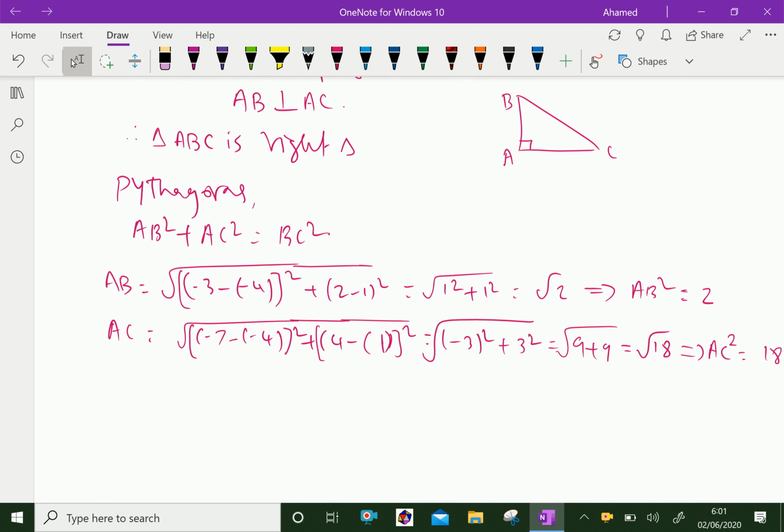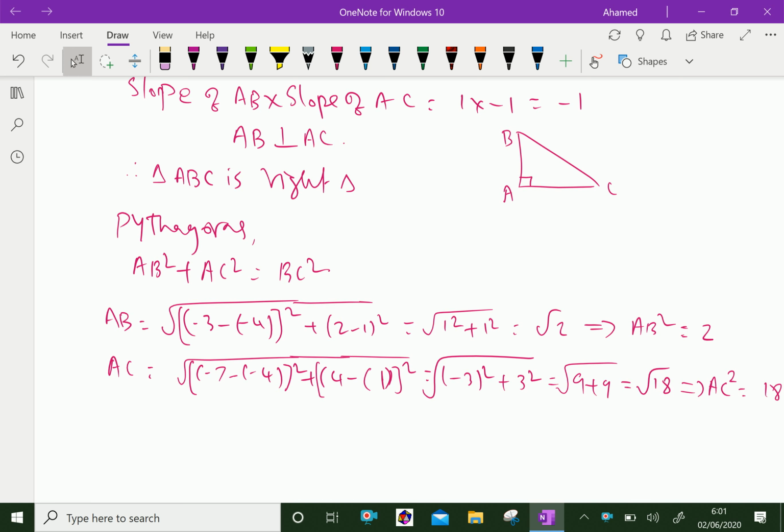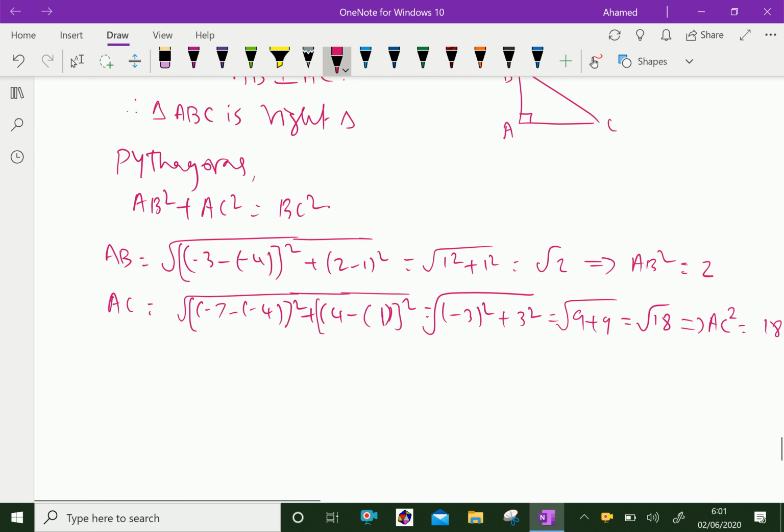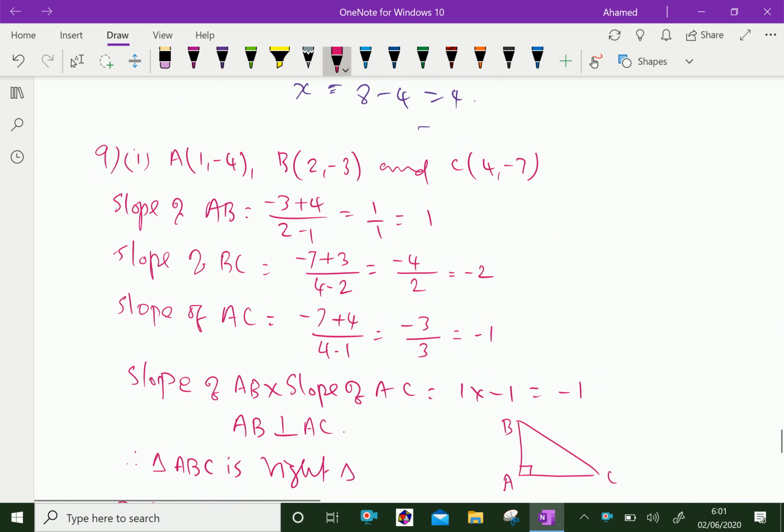Then next is BC. Look at BC here. The point B is here and C is here: minus 7 minus 3 whole square, 4 minus 2 whole square.